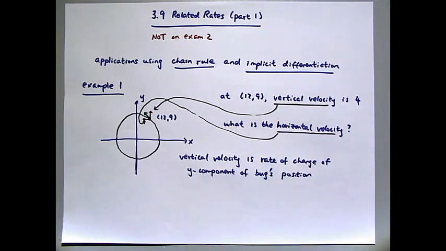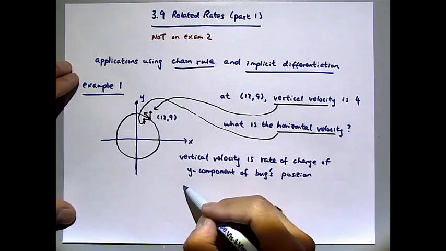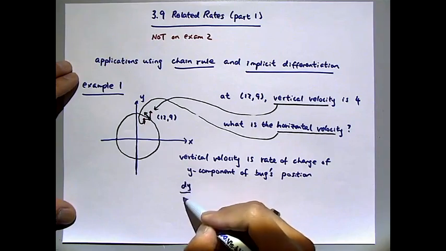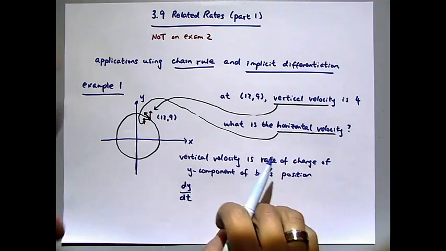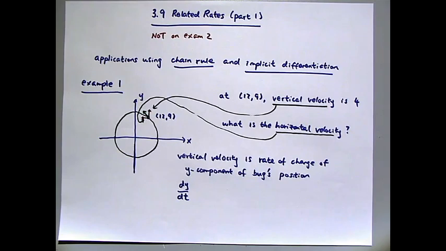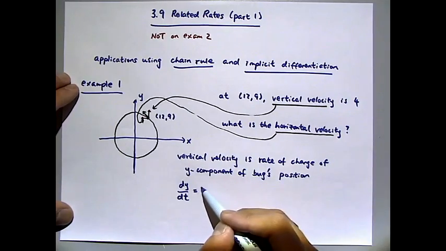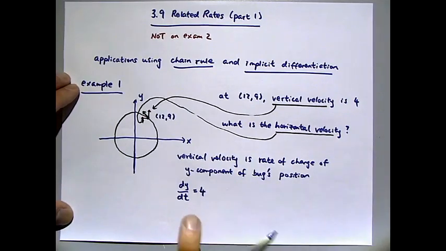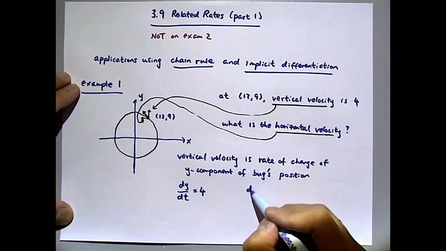And of course, we have a symbol for that. It's the rate of change of y, so dy/dt, right? As time goes on, at this point right here, dy/dt is going at the rate of 4. And we know it's positive 4 because it's going upward. And our goal here is to find out what dx/dt is equal to.